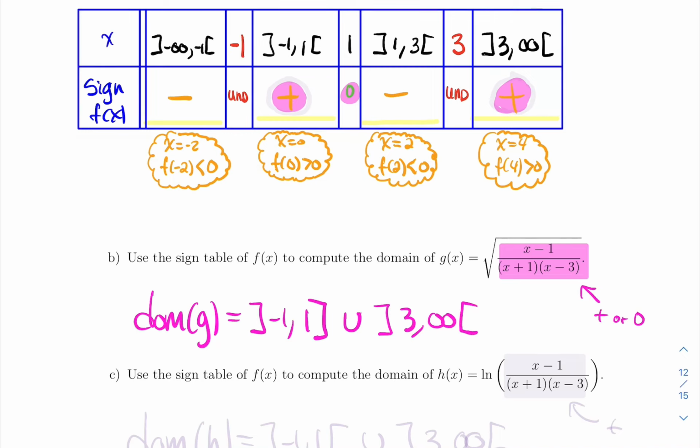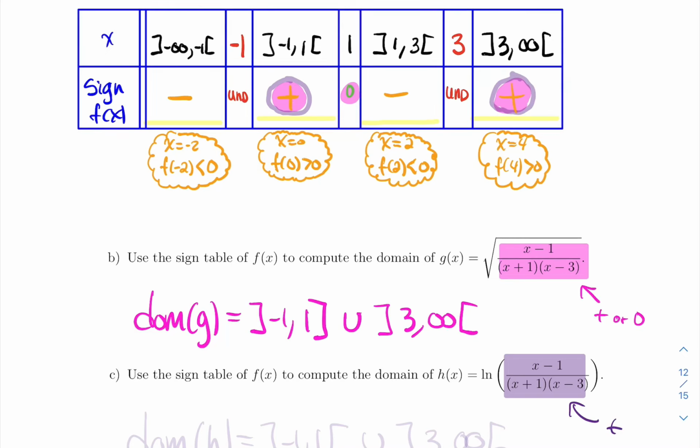Now suppose I have another function, h, the ln of (x minus 1) over (x plus 1)(x minus 3). Inside a logarithmic function, you can only have pluses, so here you only keep the pluses. I don't care about the 0 anymore.